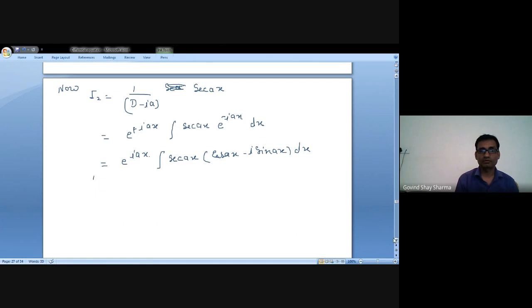Now we can divide with this. Sec will become sec ax cos ax dx minus iota sec ax sin ax.